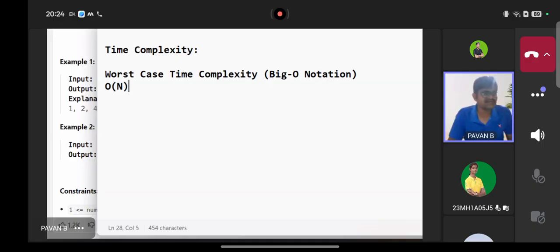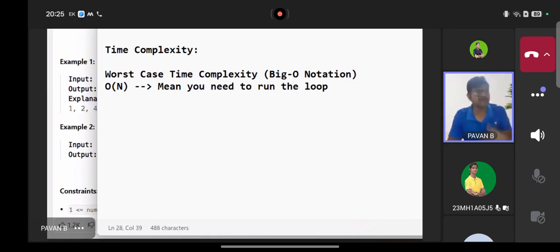If O of n is the time complexity, this means you need to run the loop, or make the recursive calls. Both are considered the same. Order of n means you need to run the loop, or make recursive calls, n times, right? So what exactly does that mean?